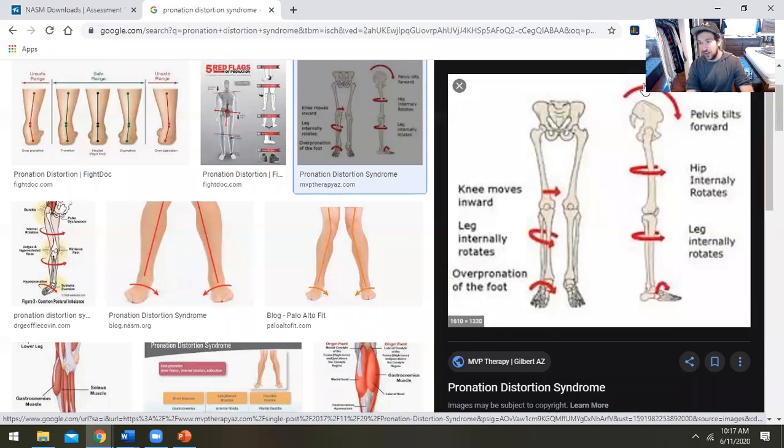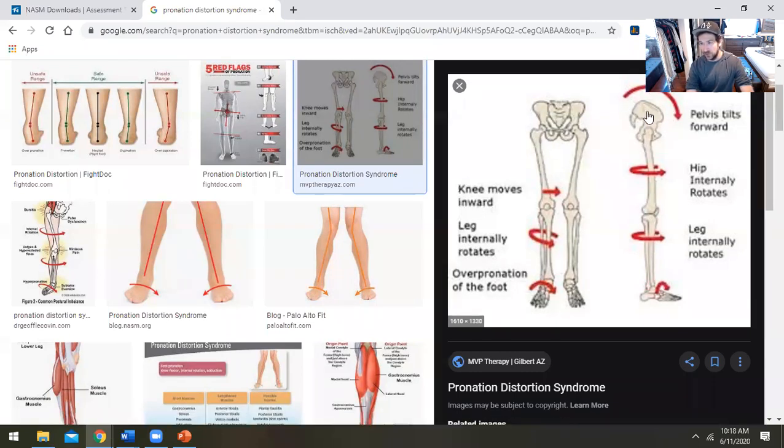That often causes the pelvis to tilt a little bit as well, which is why those are commonly associated with each other. Doesn't have to be, but sometimes is. And so we see pronation distortion and lower cross syndrome, often two sides of the same coin almost. But you can see here that's that version there.